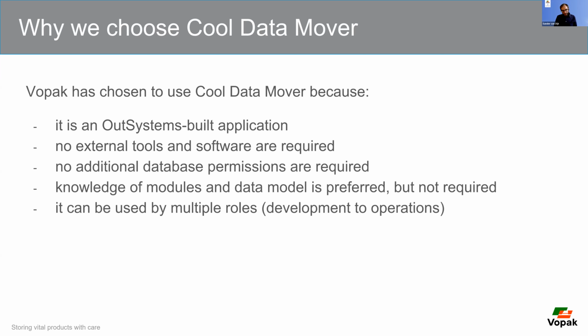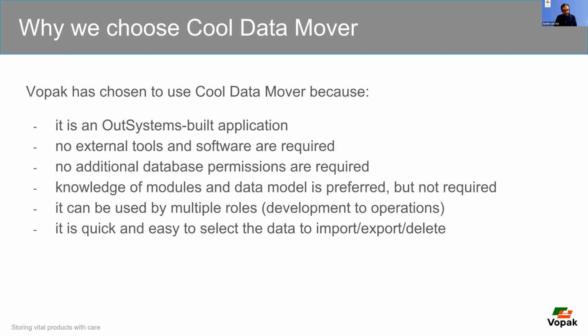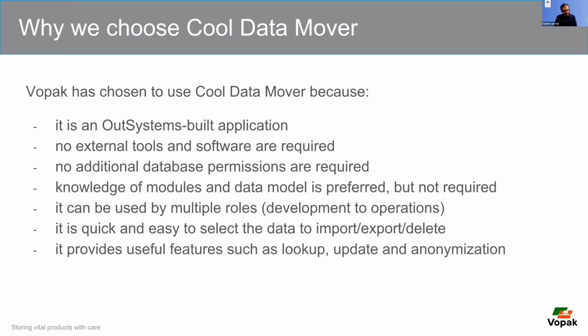It can be used by multiple roles, from development to operations. It's quick and easy to select the data to import, export, and delete. It provides useful features such as lookup, update, anonymization. More on that later, because there's a couple of things I want to highlight for our use case. And also it is Sentry compliant.